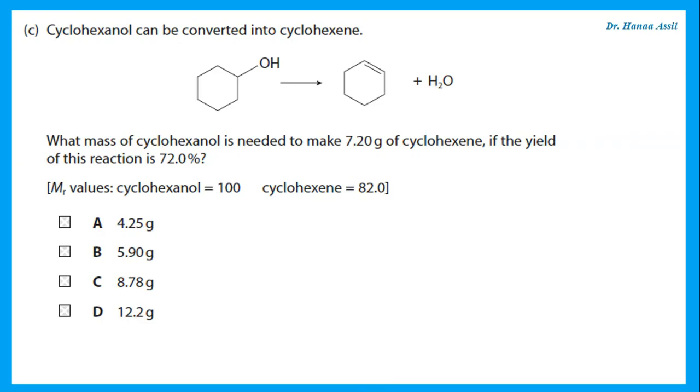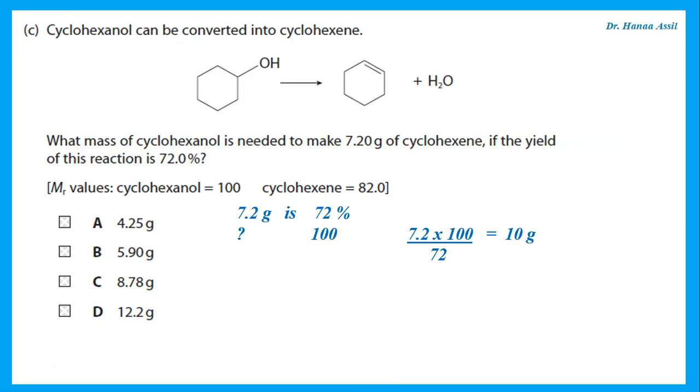Well, we are starting with a certain amount of cyclohexanol. I want to make 7.2 grams, but that is a yield of 72%. So if the 7.2 is a yield of 72%, what was it supposed to be for 100% yield? So it was supposed to be 10 grams. So I was supposed to get 10 grams of cyclohexene.